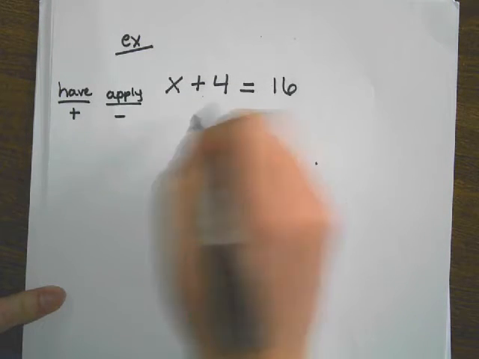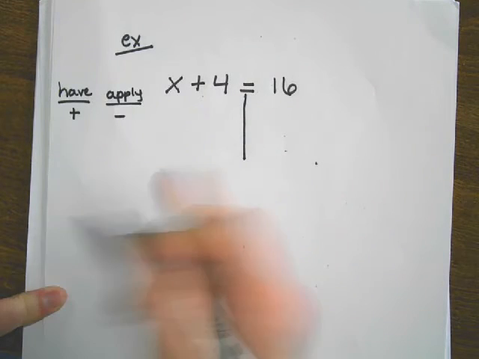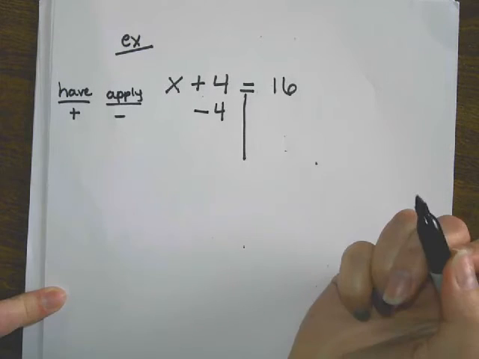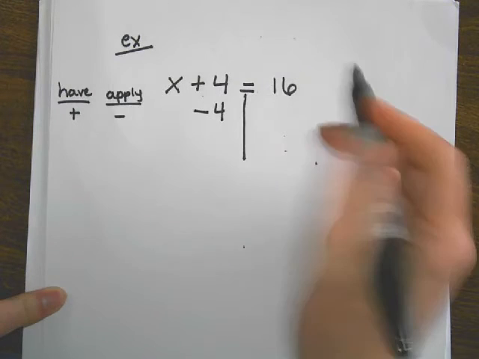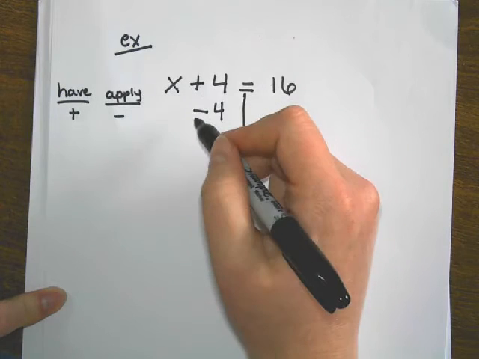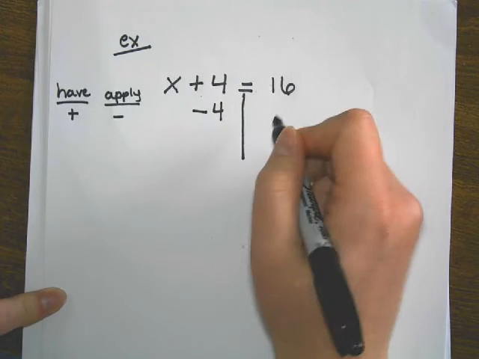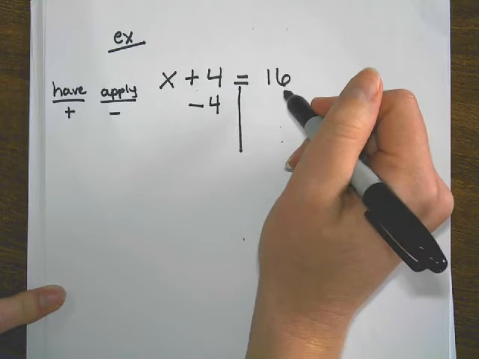So to solve this problem, I always like to draw a little line here underneath the equal sign to keep my sides separate from each other. I'm going to take 4 away from 4 because I don't want this 4 over here with the x anymore. I want it to be gone. The opposite of positive 4 is minus 4. The opposite of add 4 is take away 4. If I do something on one side, I have to do it on the other side.